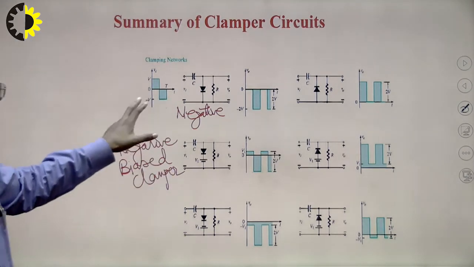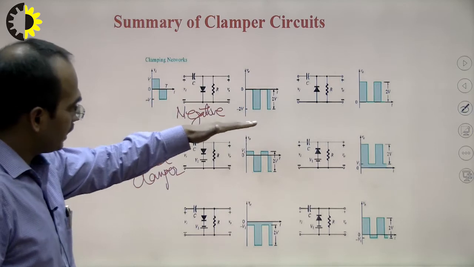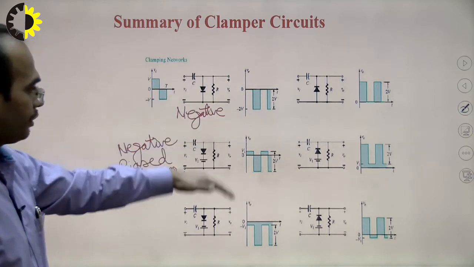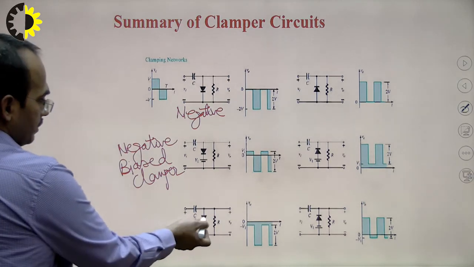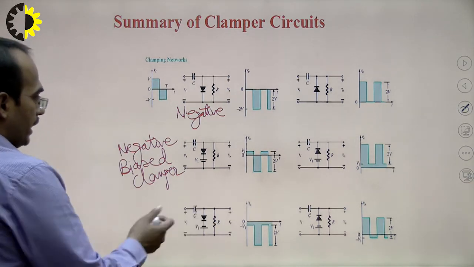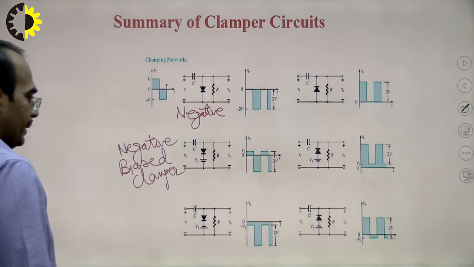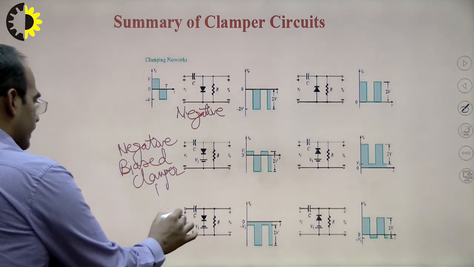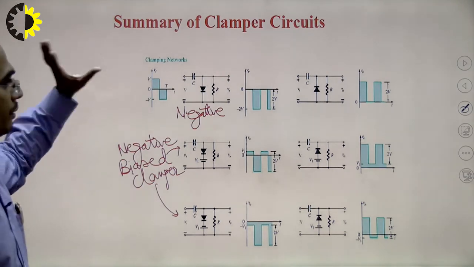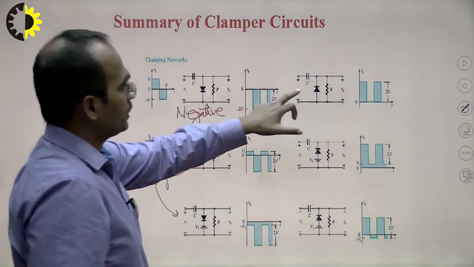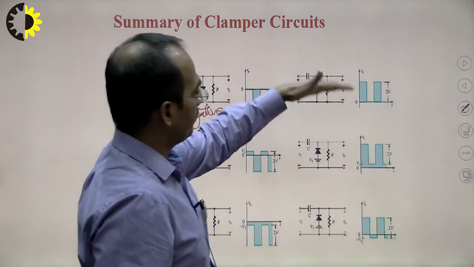You can see that this circuit is shifting the input waveform towards the negative direction. Again the direction of the diode is downward and bias voltage is applied. So this is again a negative biased clamper. This is a negative unbiased clamper. If the direction of the diode is upward, it will shift the input waveform towards the right.